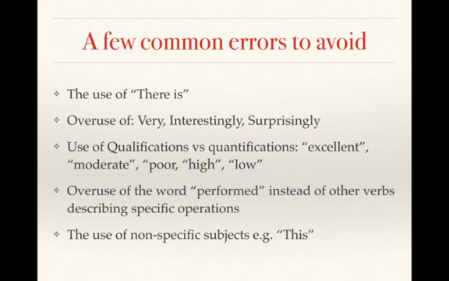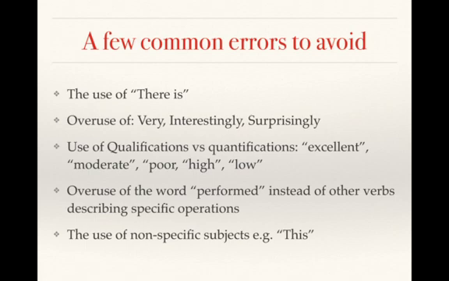Let's go back and see other common errors. Do not overuse the words very, interestingly, surprisingly. You can use them, but please do not overuse them. Just once is enough. You can use qualifications versus quantifications. Say, for example, excellent, moderate, poor, high or low, if you want to, in the text, instead of copying and pasting the exact number.